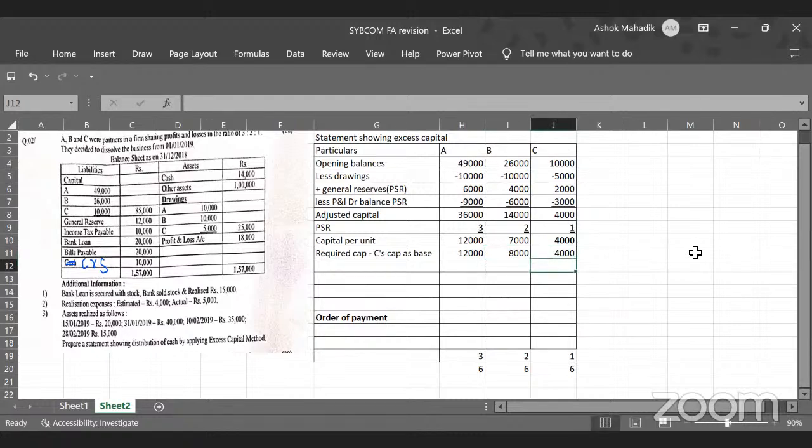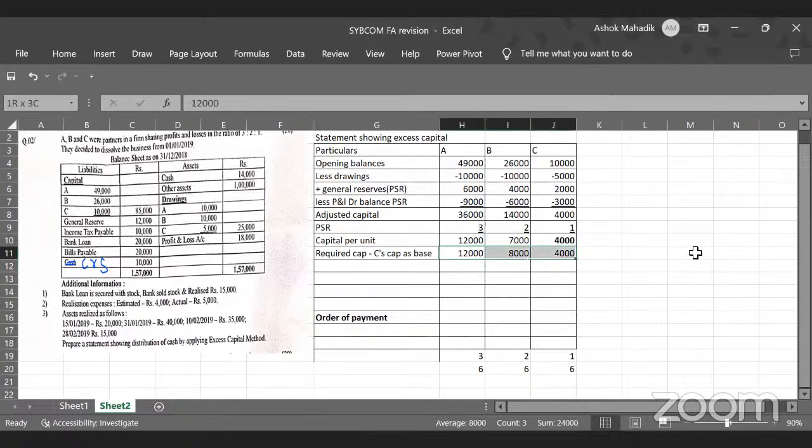Okay, how we got these values? The least value capital per unit we take as a base and we multiply PSR with this lowest value. So 4,000 into 3, 4,000 into 2 and 4,000 into 1. Okay, so if we take C's capital as base, this much capital should have been brought by other partners, 12, 8 and 4.